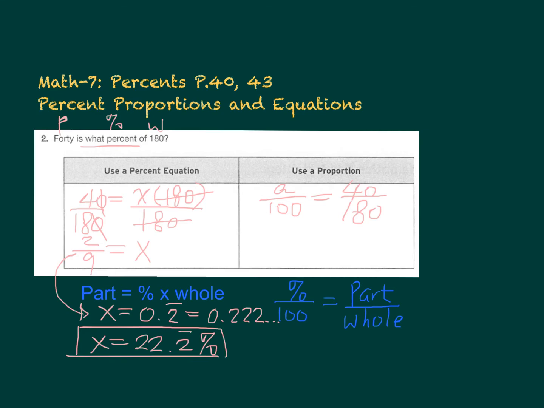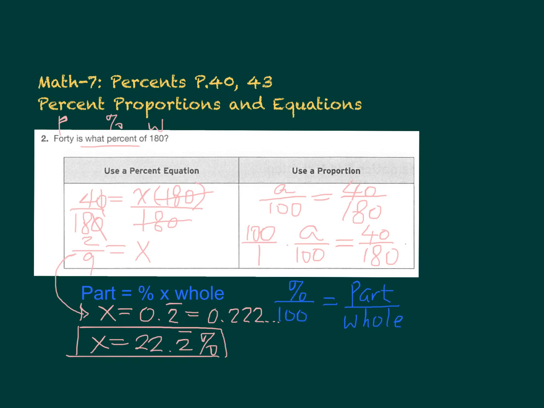So you do 100 over 1 times A over 100 on one side, on the left side. And then the right side is still the same, 40 over 180. But one thing, when you do something to one side of an equation, you have to do the same thing to the other side in order for it to be fair.